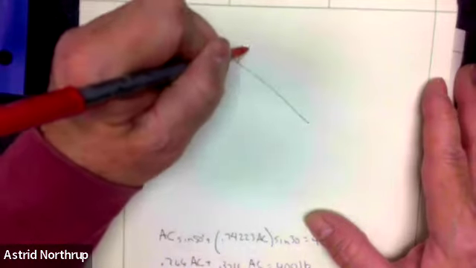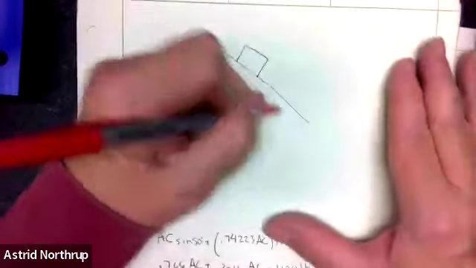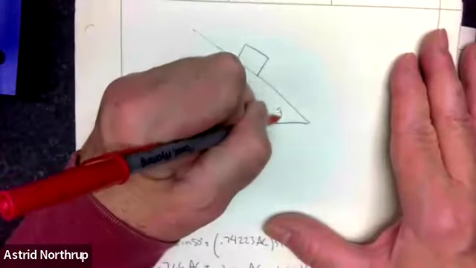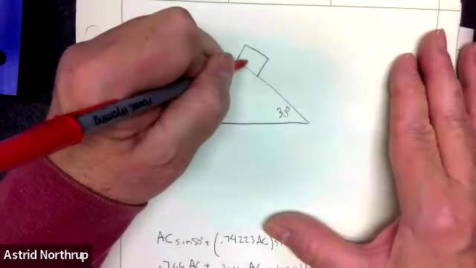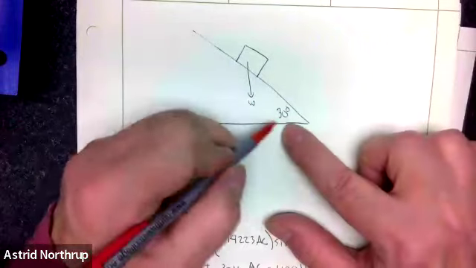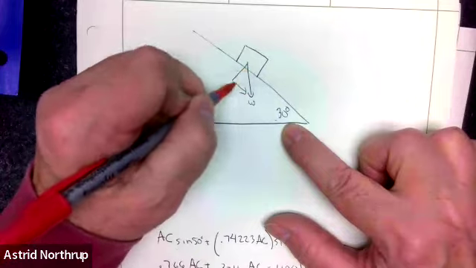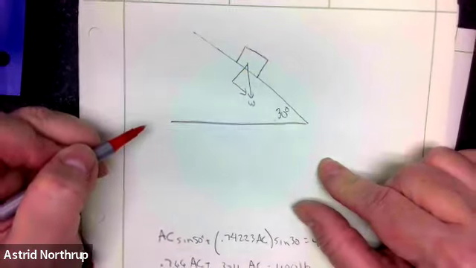When you have an inclined plane and you have a package on the inclined plane, if this is say 30 degrees, the weight is going to pull straight down here. If this is 30 degrees, which one of these angles is 30 degrees?